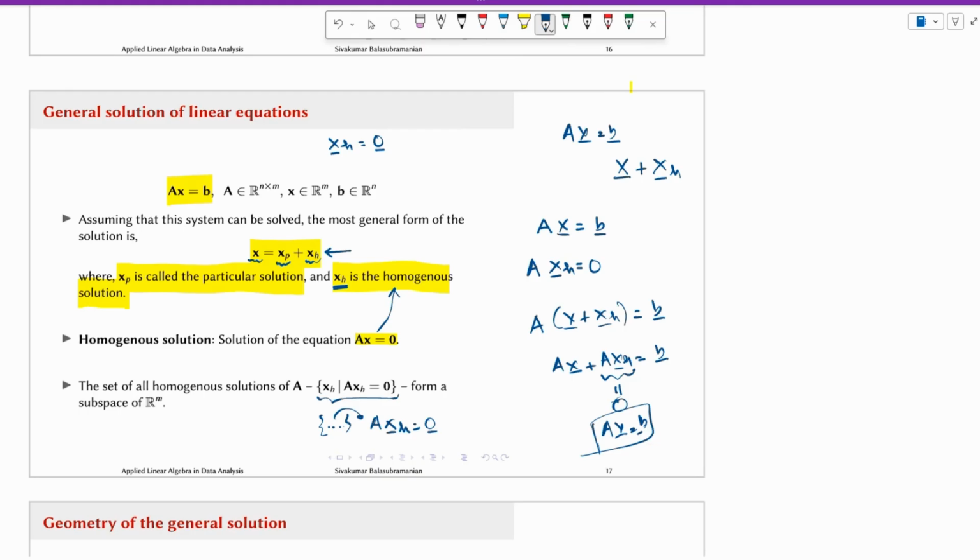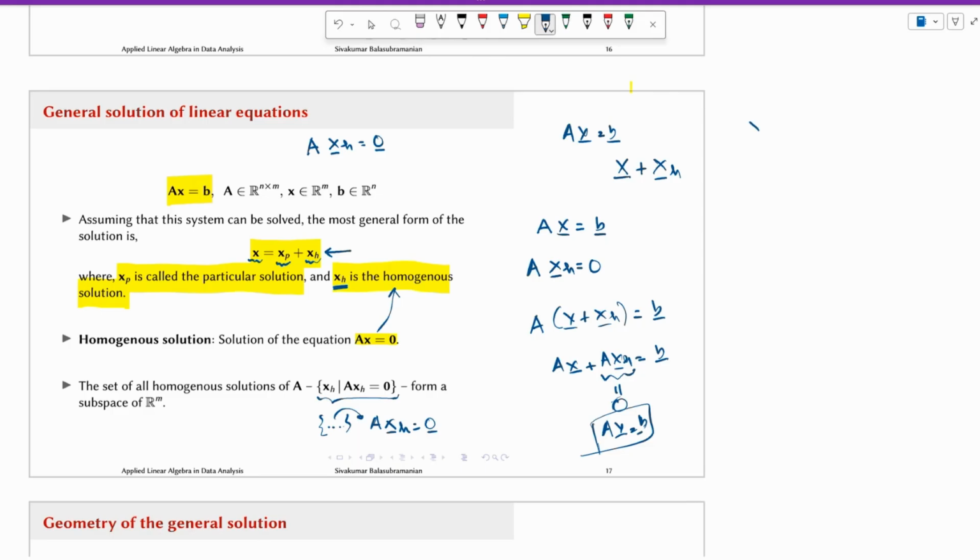There is no non-zero xh such that A times xh equals 0. But whenever a non-zero xh when multiplied by A gives you 0, you have infinitely many solutions.